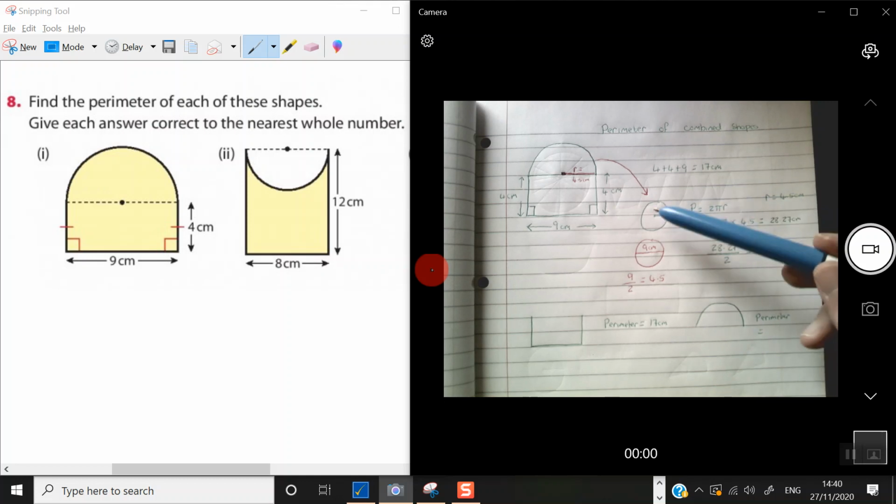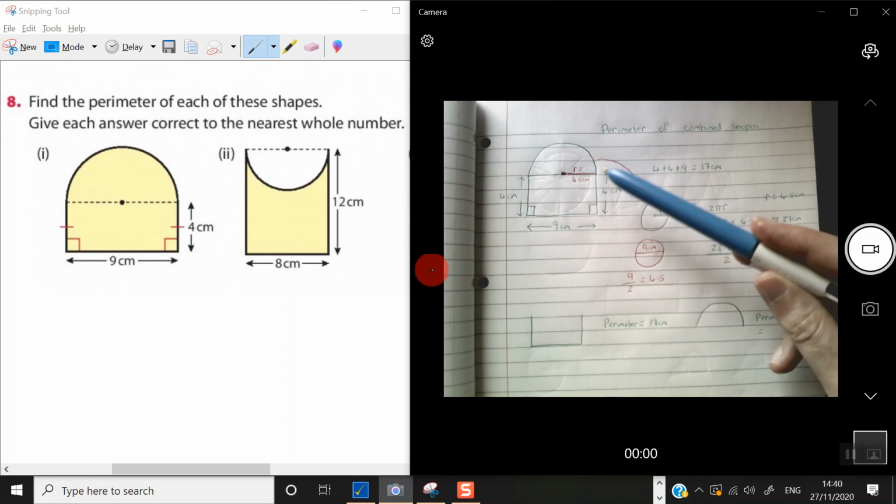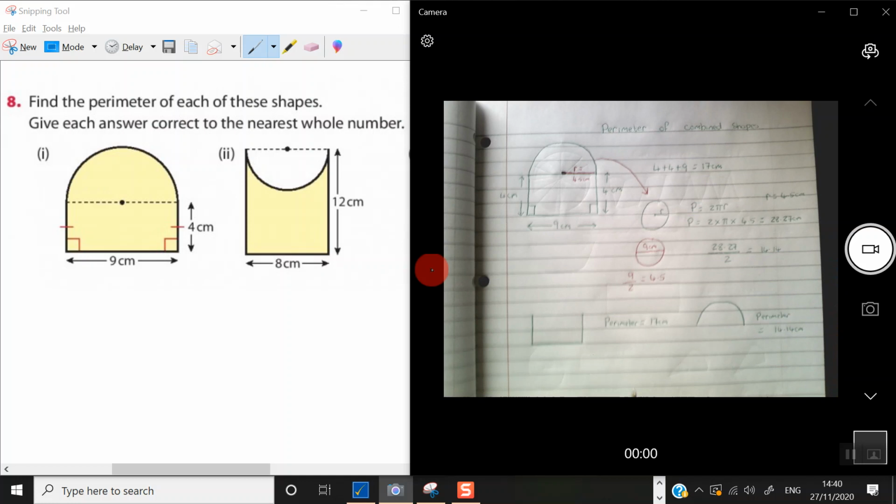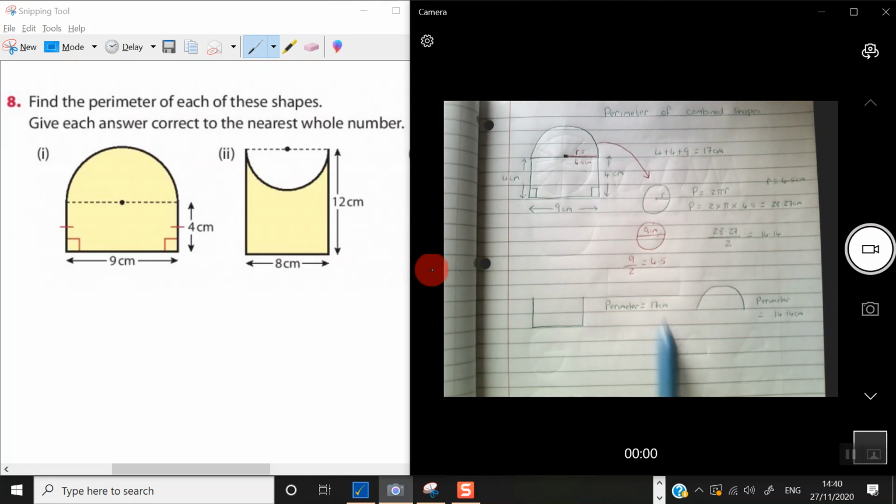We've got the perimeter of a full circle that has a radius of 4.5 centimeters, worked out using 2 pi r. Then we split our answer in half, divided by 2, which is 14.14 centimeters. So now we need to combine these two amounts together, and that will give us the perimeter of this particular shape.